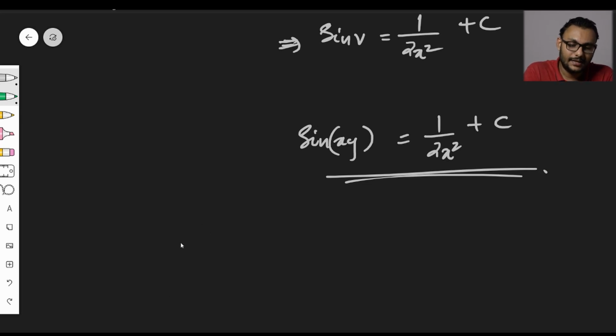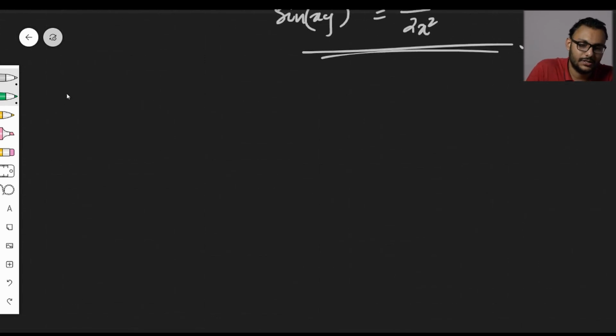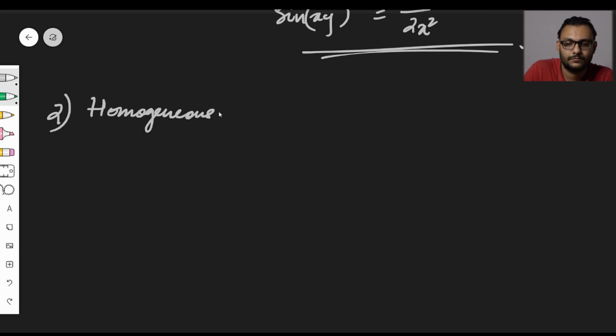For the second type, we will call it a homogeneous differential equation. We were discussing the first order differential equations, and the second type among the first order is the homogeneous differential equation. Homogeneous will come in the second order also, but it is quite different compared to this.